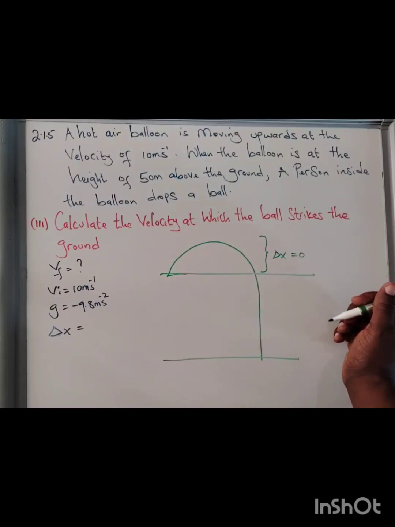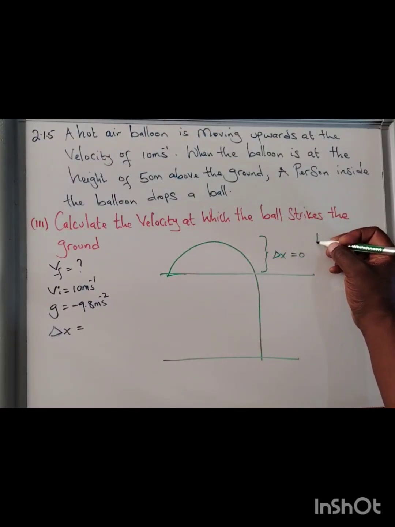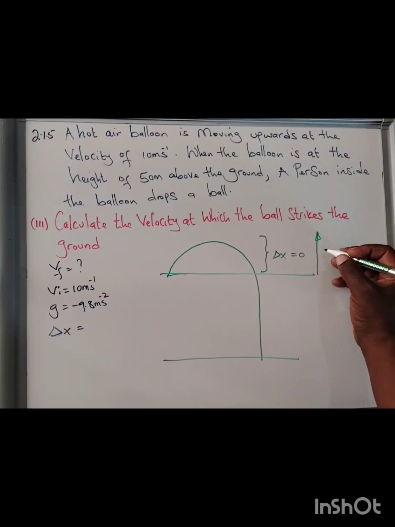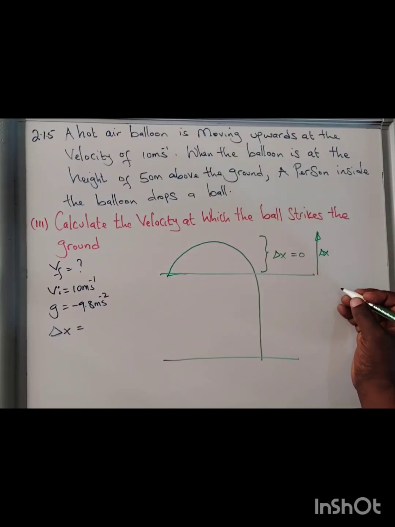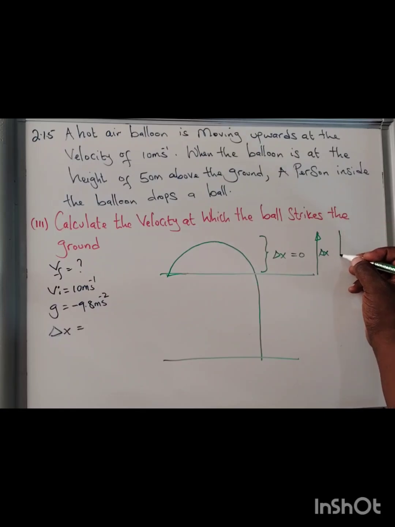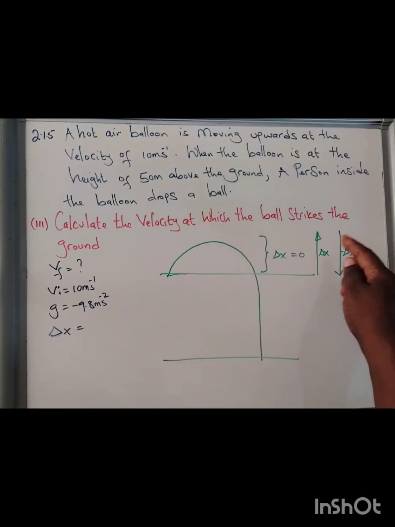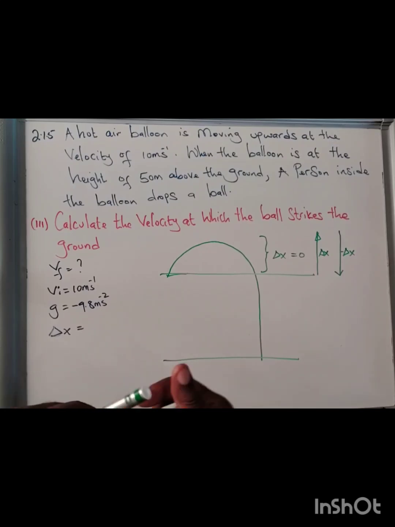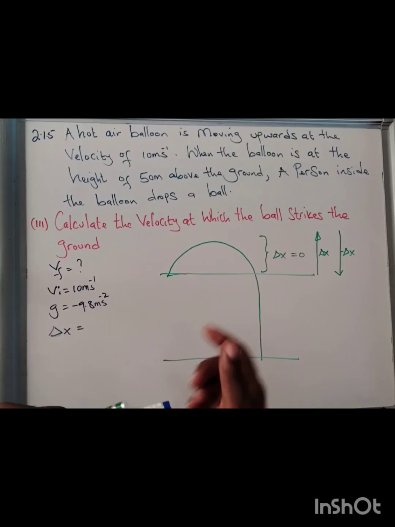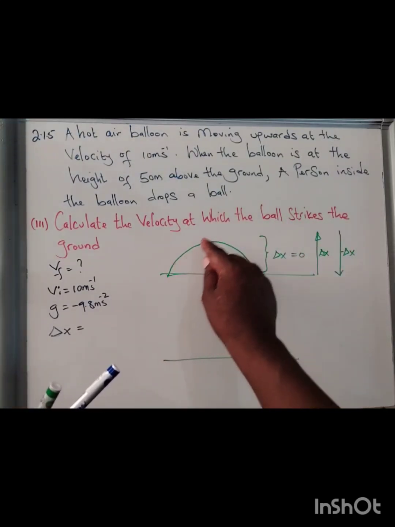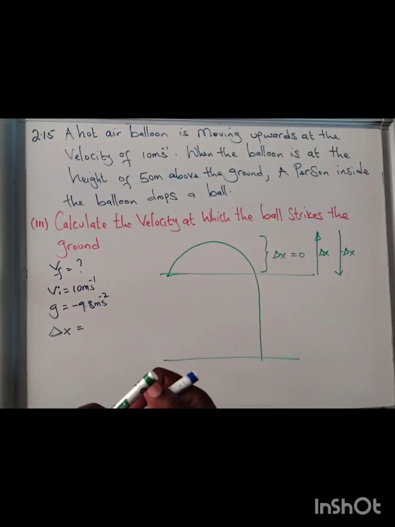Because the ball went upwards, assuming it covered displacement delta X, and it came downward, covering the same displacement but in the opposite direction. So if you get the sum of those two, you get 0. In other words, the displacement covered during this part of the trajectory is 0.